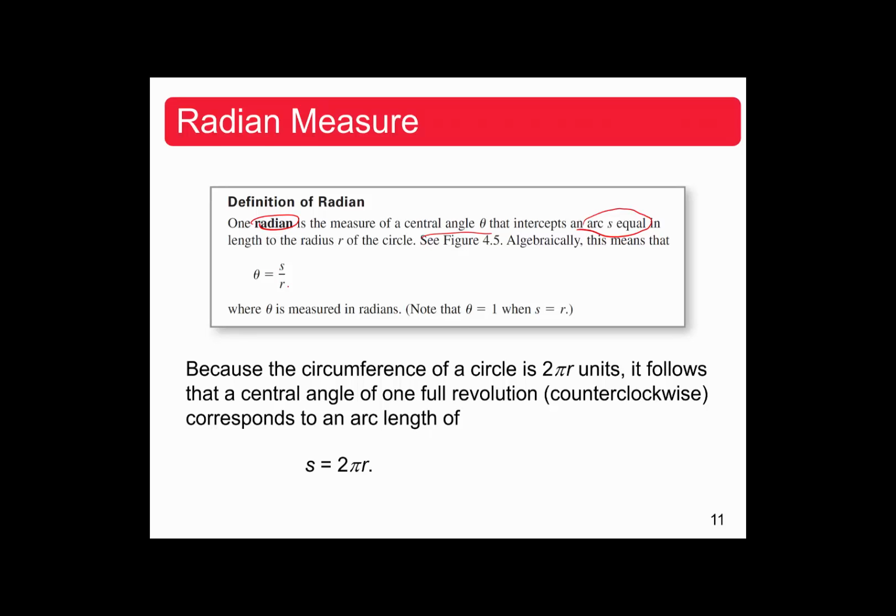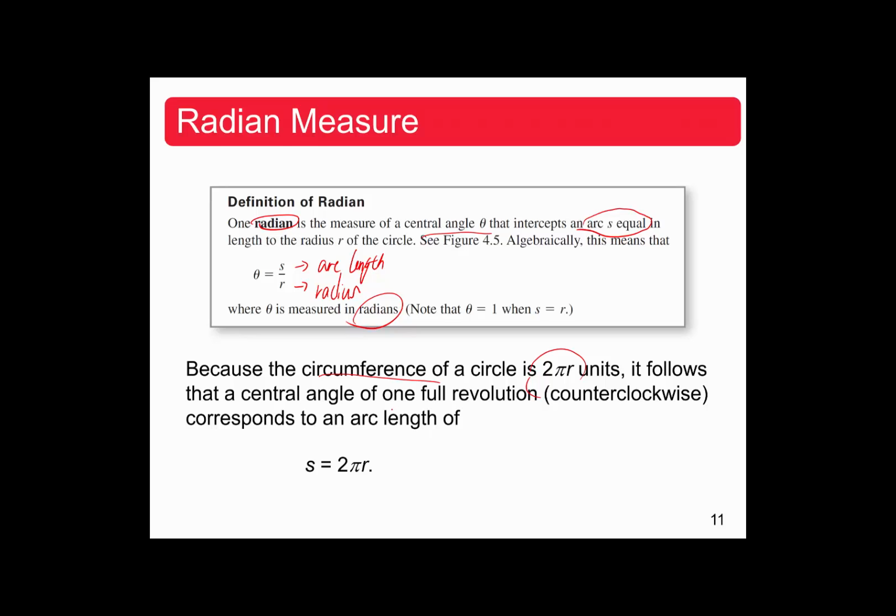S represents arc length, R represents radius, and theta is expressed in radian form. Typically, the circumference of a circle depends on the radius. You may have different circumferences for different circles.